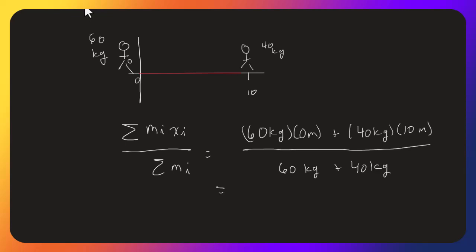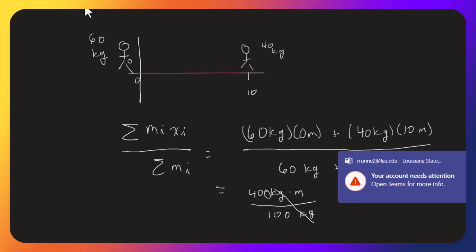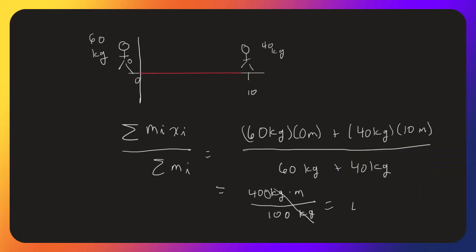So that ends up being, sorry, 400 kilogram meters over 100 kilograms. The kilograms cancel, and we can cancel out the zeros, and we get 4 meters. So our center of mass in our coordinate system is at 4 meters.